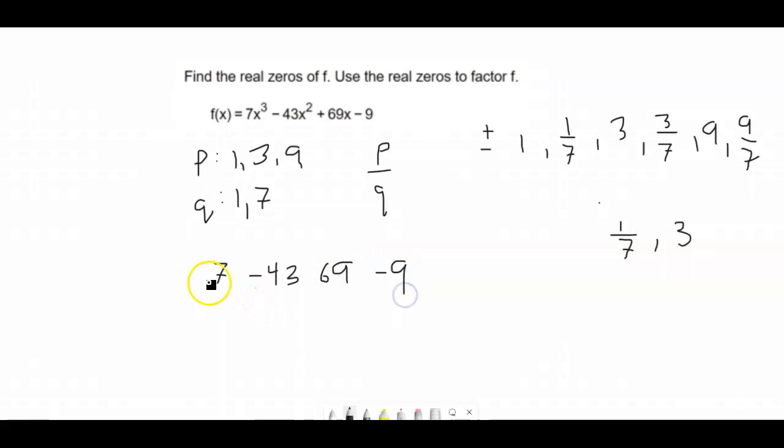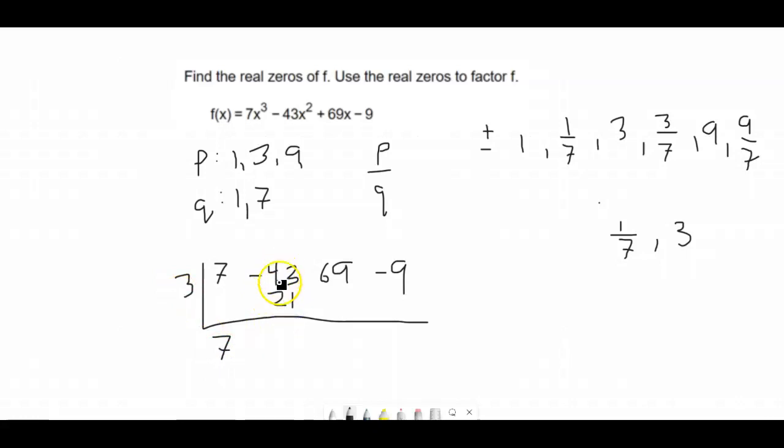All right, I'm going to give myself an L-shaped thing here. And I'm going to divide. I'll do the 3 first. That way I don't have to deal with fractions, which are yucky. So the 3 here. So first we're going to bring down the 7. And then 7 times 3 is 21.